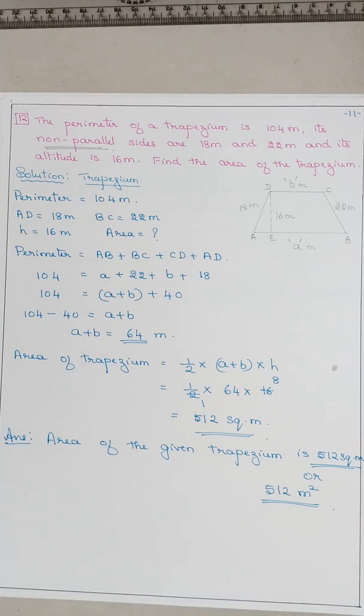And in one of the sums they have not given the height, so they have given the non-parallel sides equal. And in the last one they had given the non-parallel sides and the perimeter.